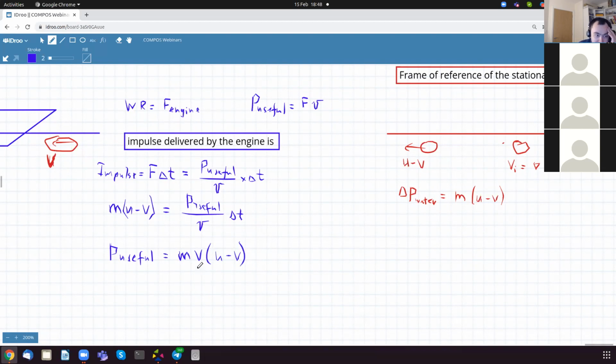Do I want delta T in there? I don't really want, but okay, just for the sake of it, divided by delta T. That's the useful power.